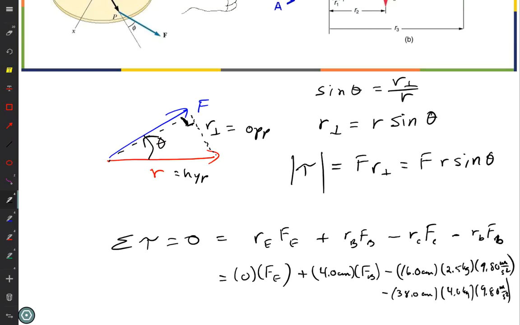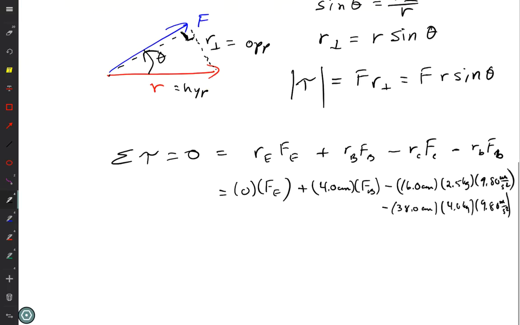So you could do centimeters times pounds if you wanted. Nobody talks about a torque in units of centimeter pounds. They either use foot times pound or newton times meter. And remember, a newton meter is a joule, but when you're talking about torque, you never use joule. It's always a newton times a meter. So I'm just going to leave the units as they are.